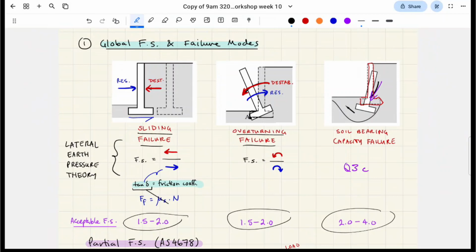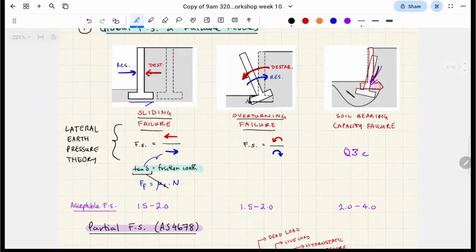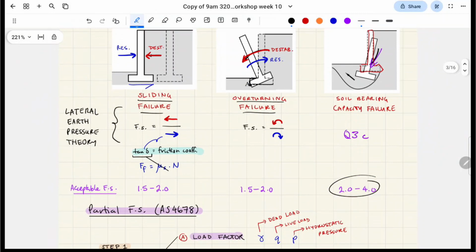The idea is if your answer sits between 1.5 to 2, then it's acceptable. That means you haven't over-designed it, but you haven't under-designed it so that it's not safe anymore. 2 to 4 only applies for soil bearing capacity for retaining walls, but we won't see that in this workshop.